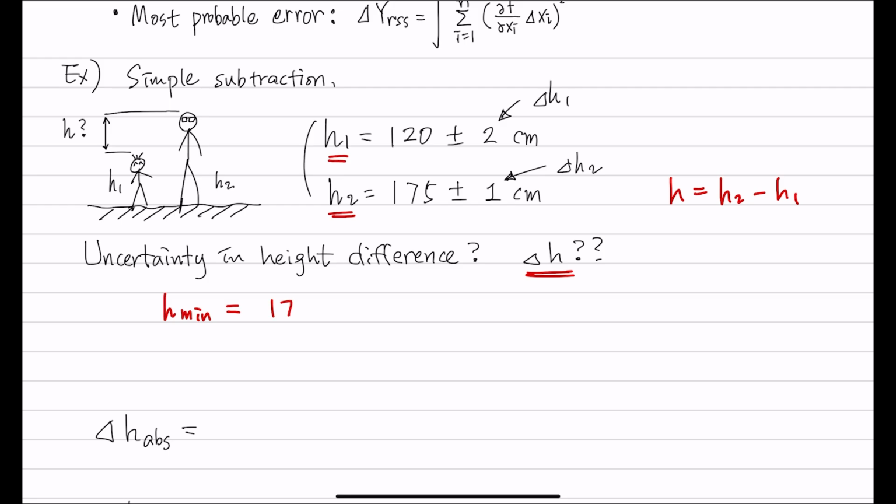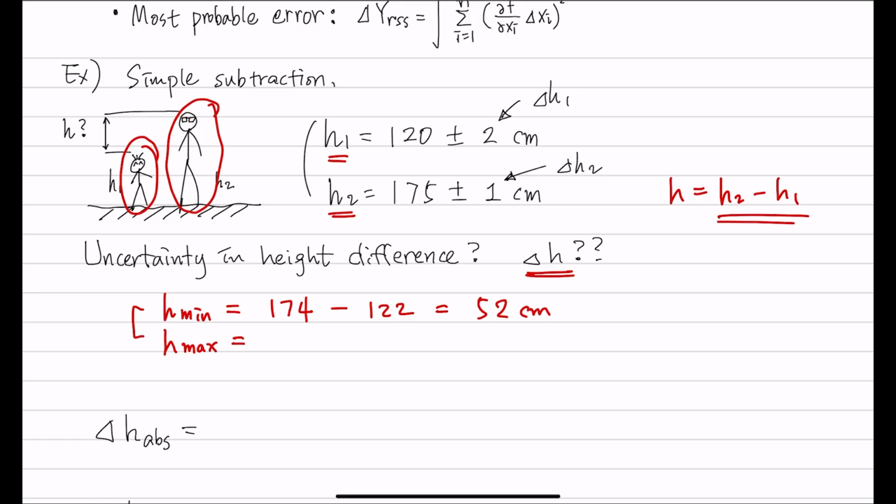So the minimum value is 174 for the height of this person, and the max for that one is going to be 122, given this uncertainty. And we're subtracting that, and that should give us 52. And the max we can get from this difference is what?